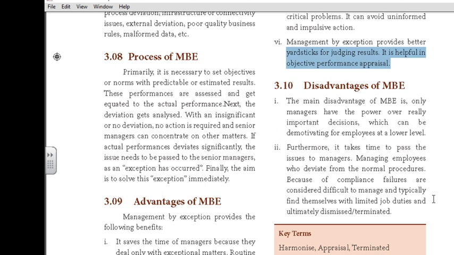Of course, if the employee does the work wrongly, அதாவது சொல்லி அவங்க திருந்திக்கிட்டாங்கன்னா okay, but if it goes wrong, sometimes employees may be dismissed or terminated. So they are saying these are the disadvantages of MBE.